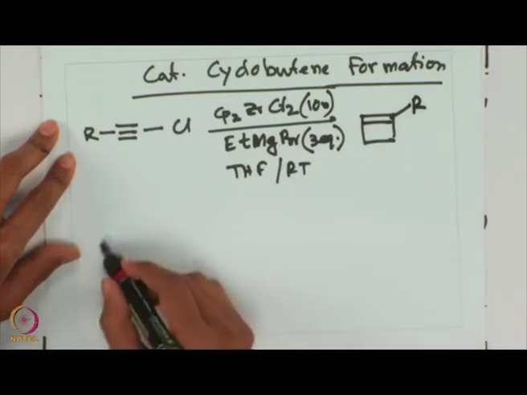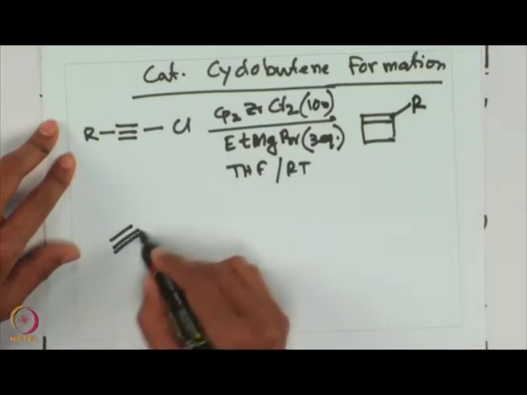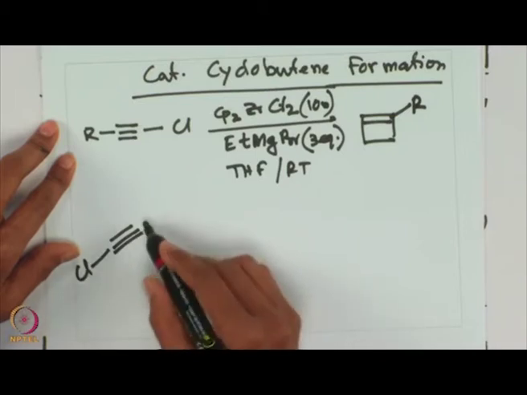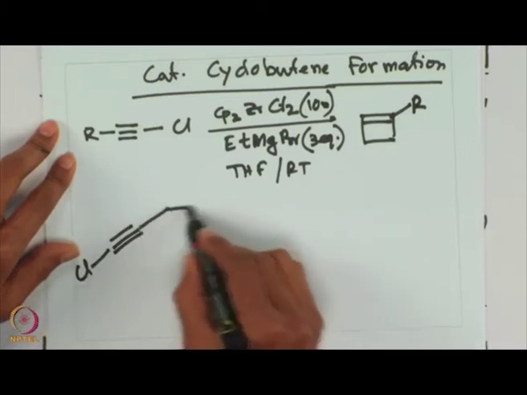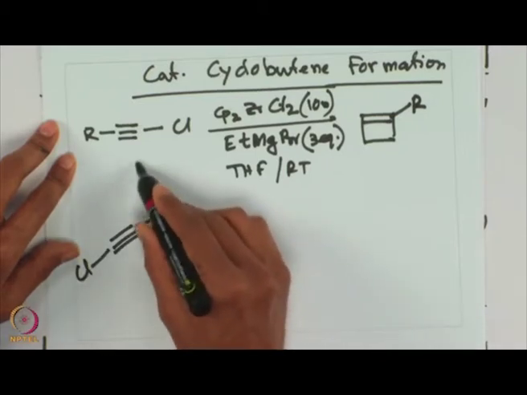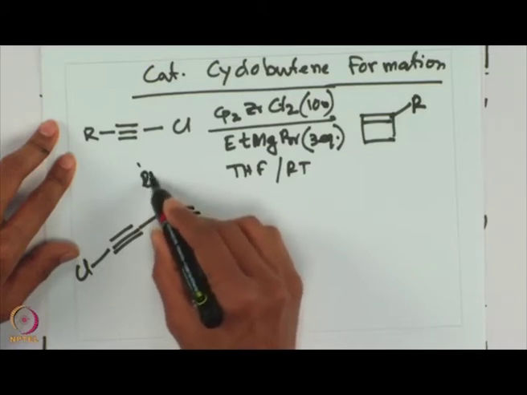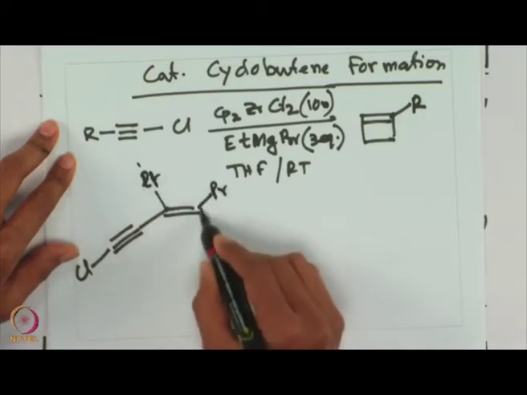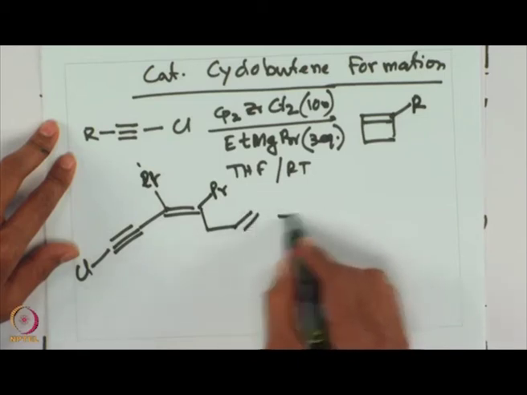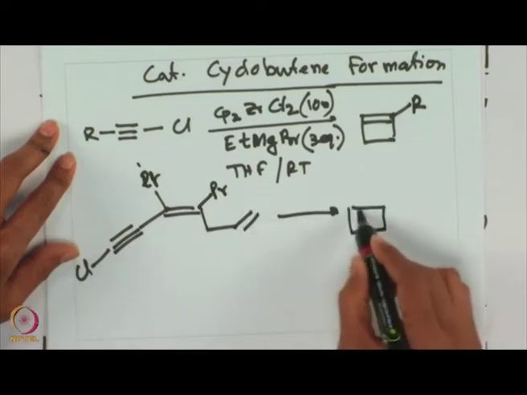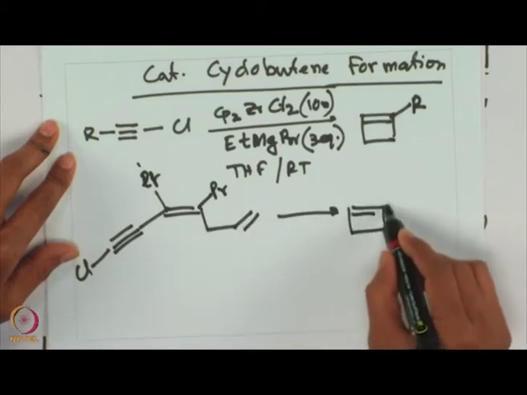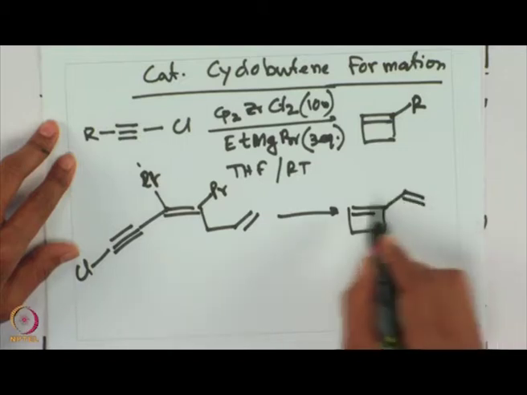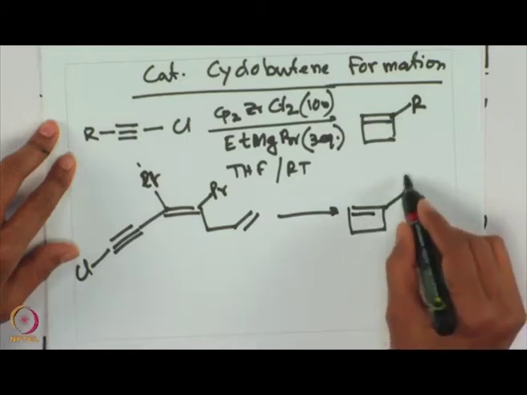And you can have a variation of it, for example, if you have alkynyl chloride along with an olefin, still selectively the alkyne will react with it to give rise to the desired cyclobutene product without touching the olefin that is associated with this starting material.